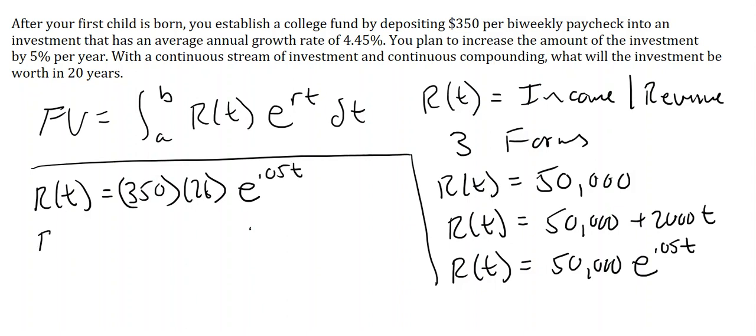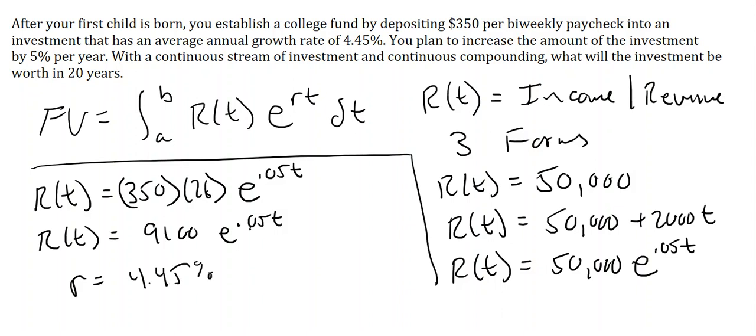So when we multiply 350 times 26, we get 9,100 e to the 0.05t. That's your revenue function. Your interest rate in this particular case is 4.45%. 4.45% is the annual interest rate.